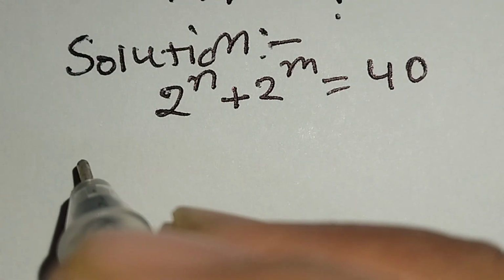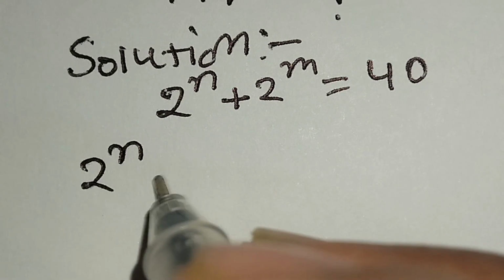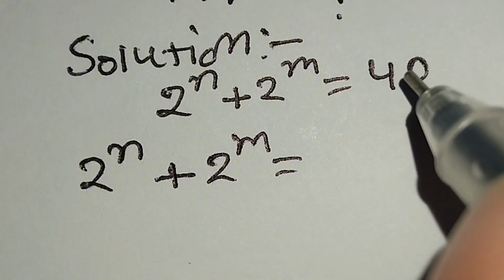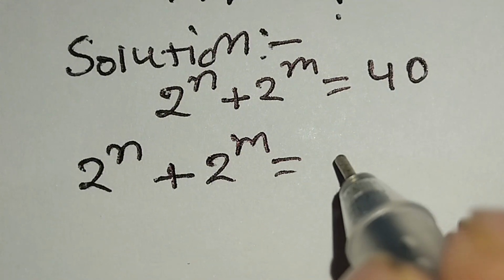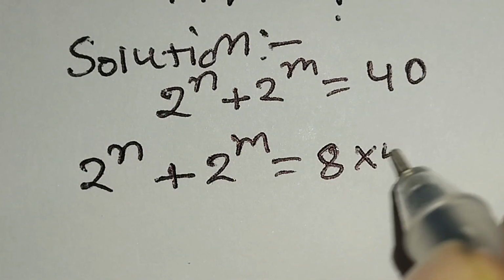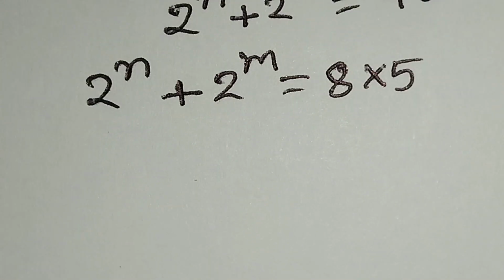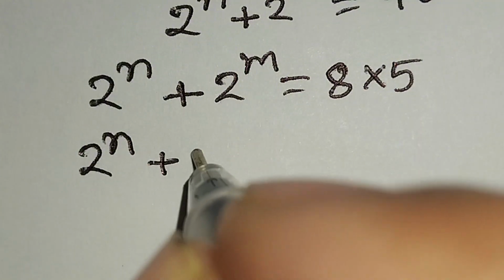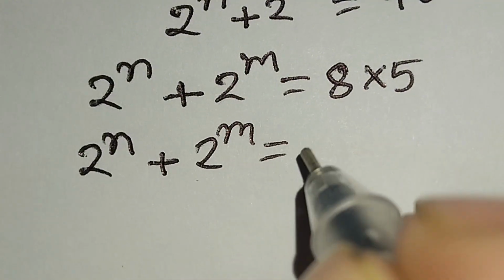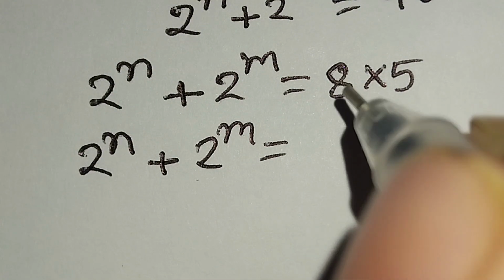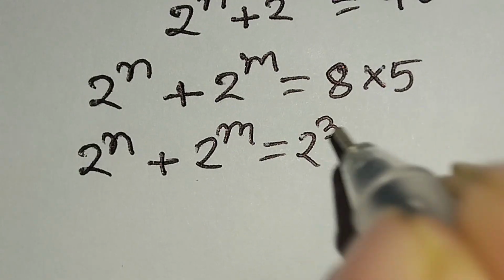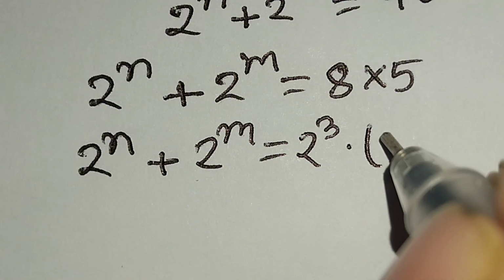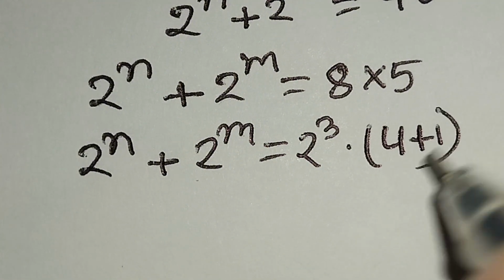Here, we can write this 40 as 8 times 5. So 2 to the power n plus 2 to the power m equals, we can write this 8 as 2 cube, times, we can write this 5 as 4 plus 1.